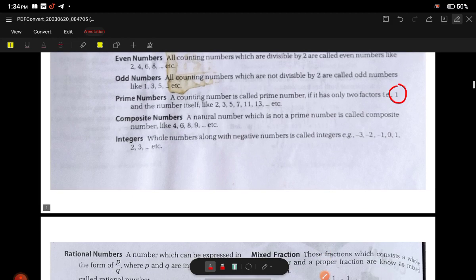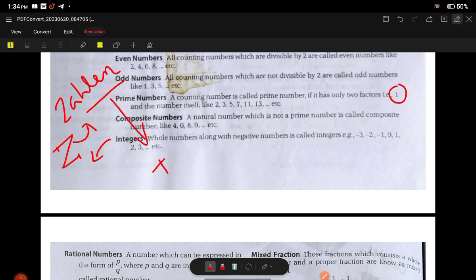So first natural, then whole. Natural numbers have different types: even, odd, prime, composite. And after whole numbers we get all the negative integers, positive integers, and zero. The set of integers is denoted by the symbol Z, which comes from the German word Zahlen, which means to count.